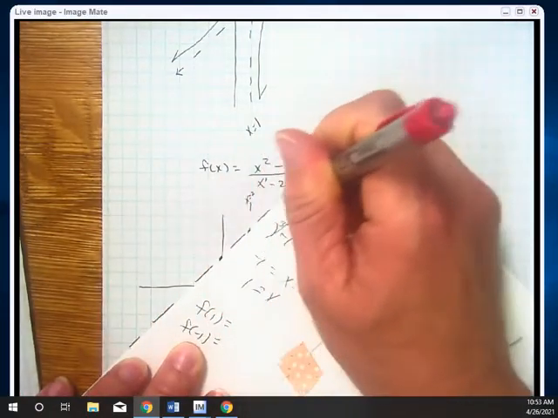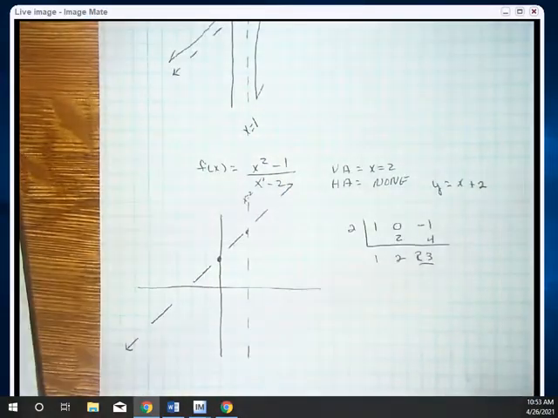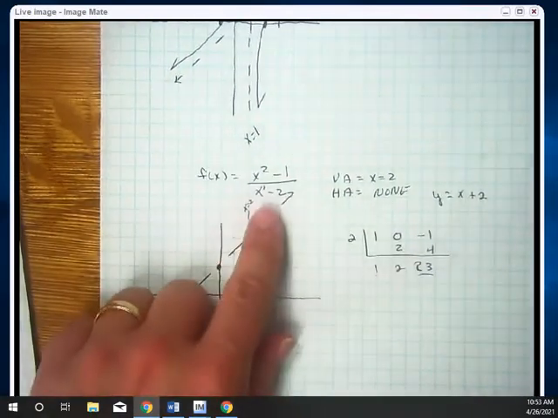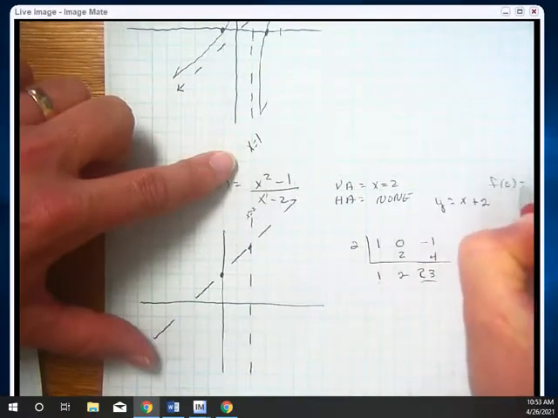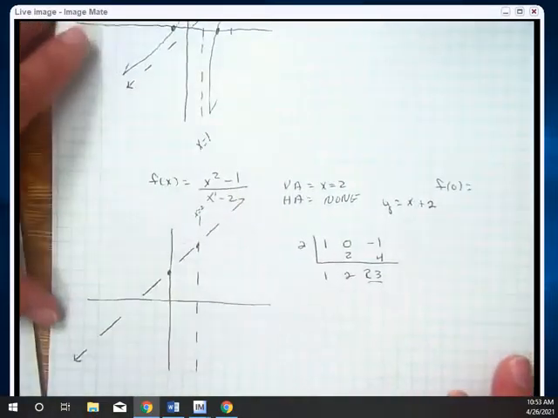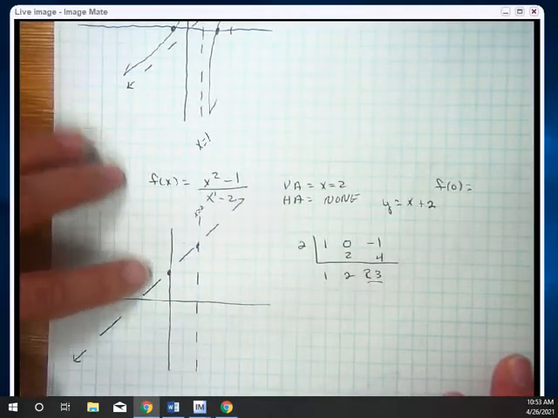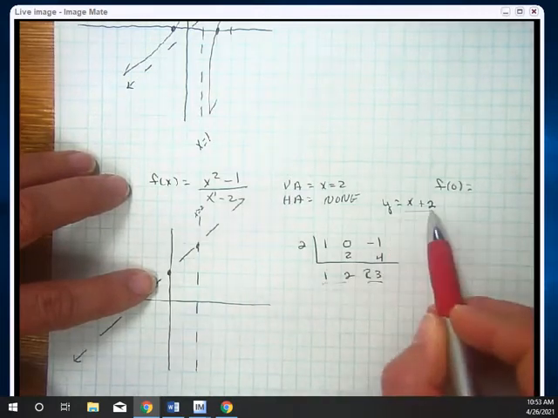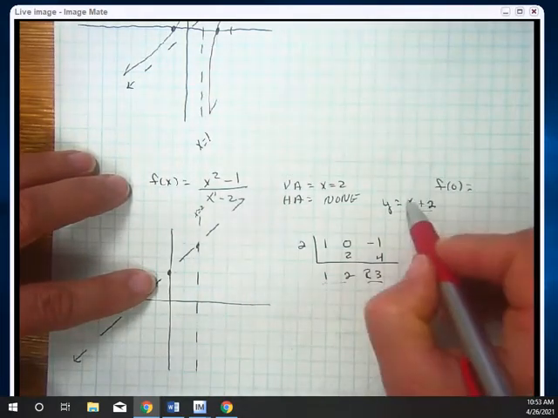Now, this y-intercept is the y-intercept for that slanted line. It is not the y-intercept necessarily for our function. So how do I find my y-intercept? This is the equation, y equals x plus 2. The slope is 1.